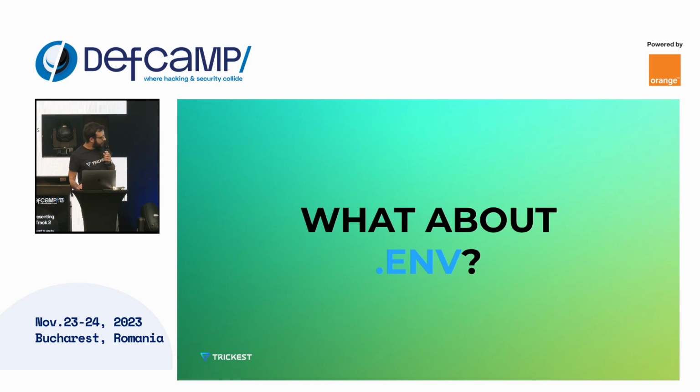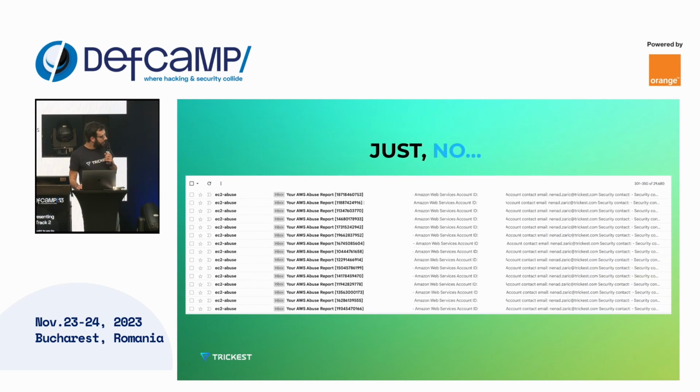And what about environment files? I regretted doing this for some reason. In 1 minute, I got around 60 abuse requests from AWS when I sent the request to /env.